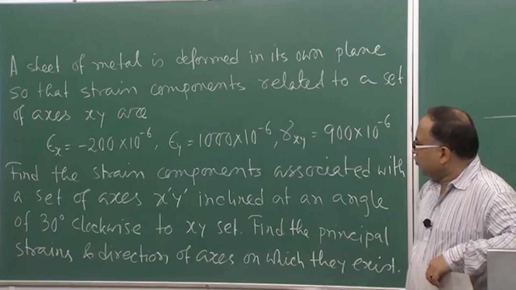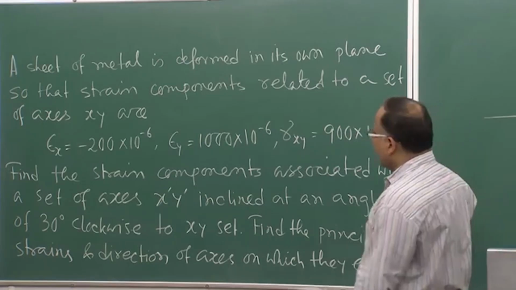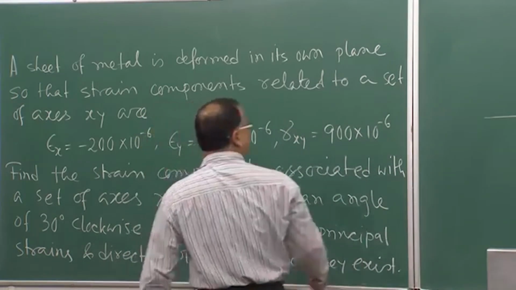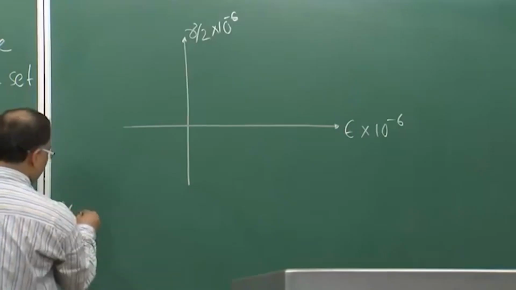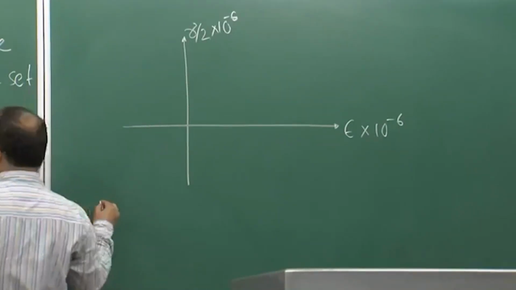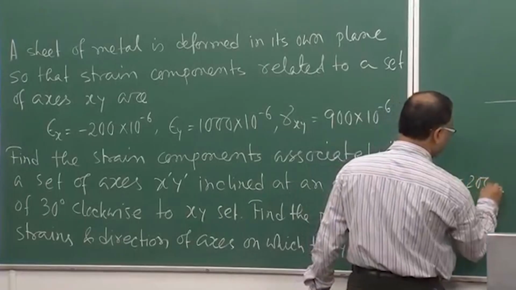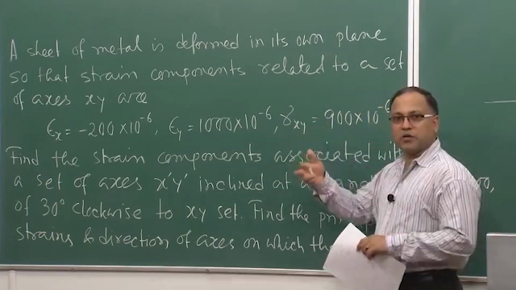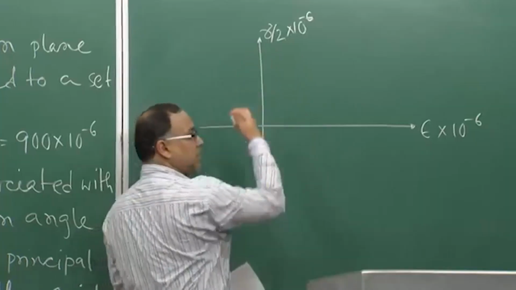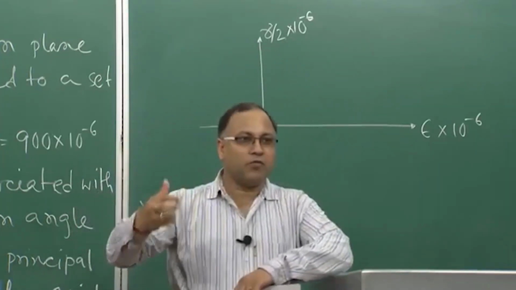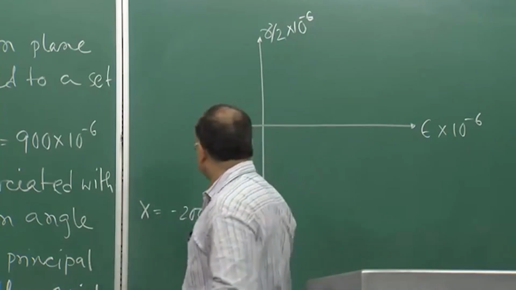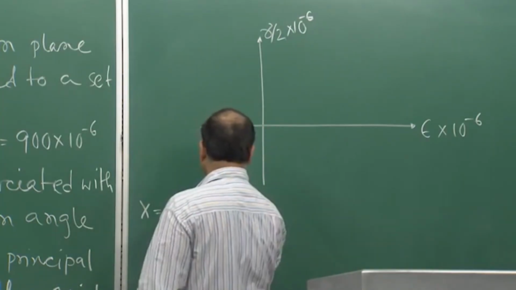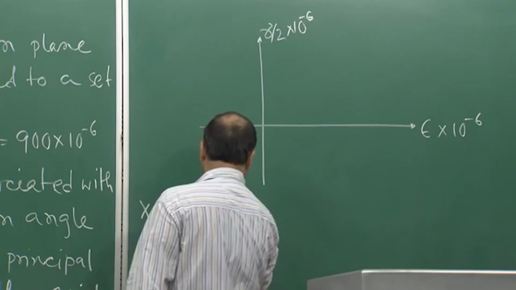So, the coordinate of point x is minus 200 and half of gamma x y, right, because we are plotting everything in terms of half of shear strain. So, that will be 900 by 2, so 450.